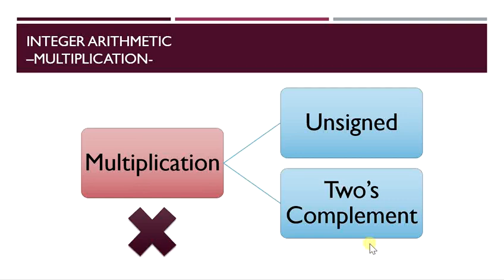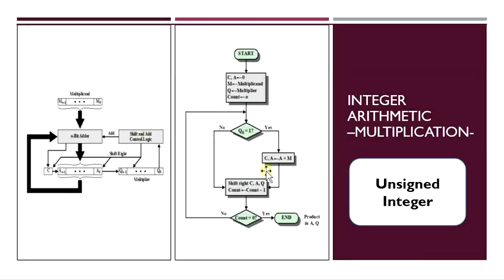And for this course, we are going to focus on the algorithm for the 2's complement, which is the Booth algorithm. This is the hardware used, and this is the flow chart for the algorithm for the unsigned integer.